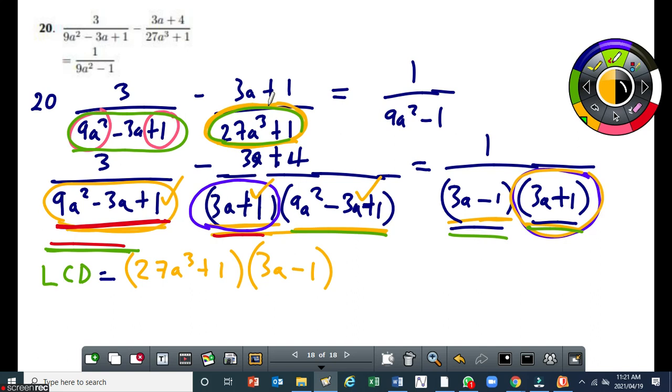I want you to digest that. Do you agree with me that the four that I have checked, they are all factors of 27a cubed plus 1? Yes, sir. Does that make sense to all of you?